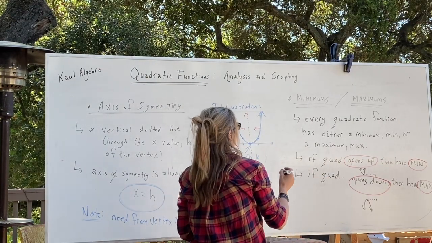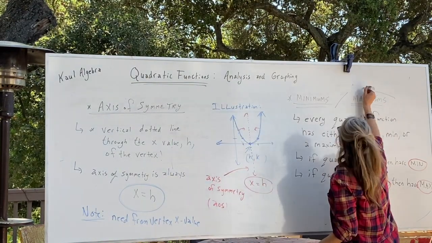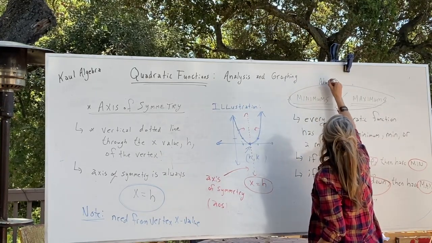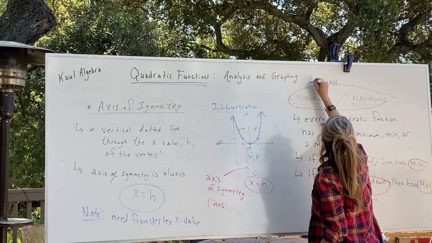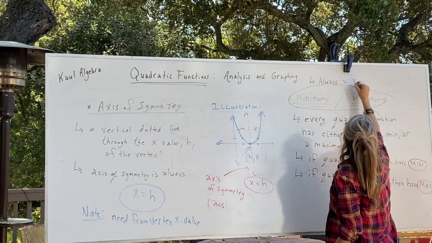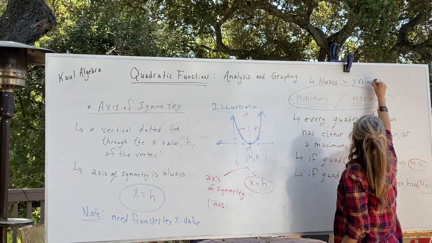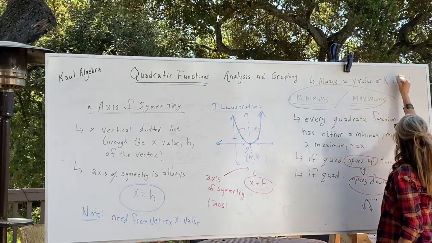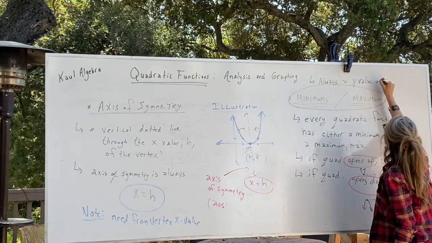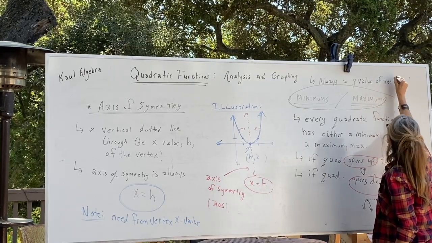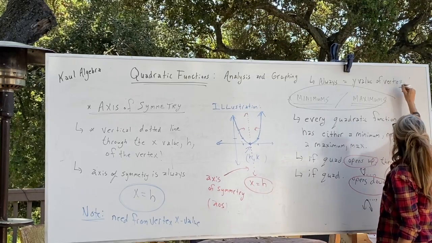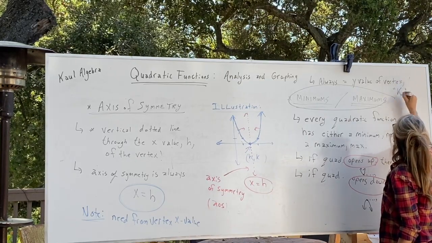Now, the important thing here with minimums and maximums, these are always equal to the y value, or what we call k, the y value of the vertex, which is your k value.